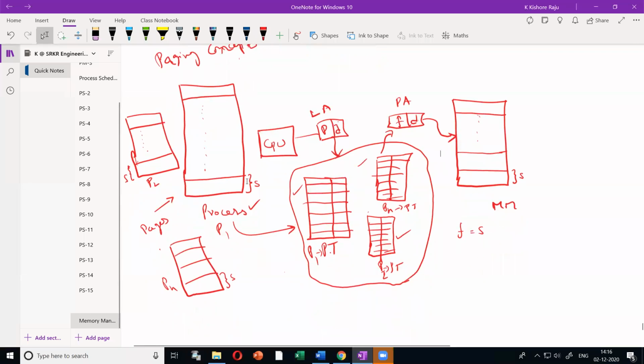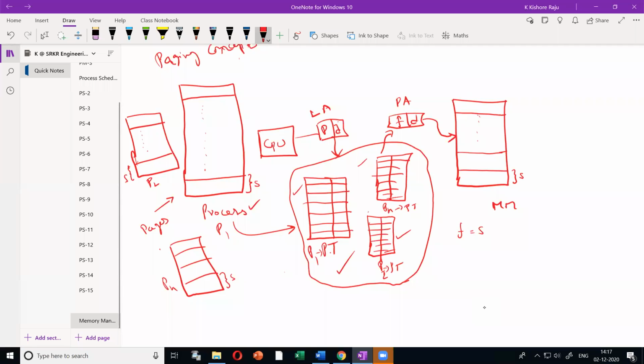Then I have some issues. How many page tables do I have to maintain in the main memory? If 3 processes are there, 3 page tables.